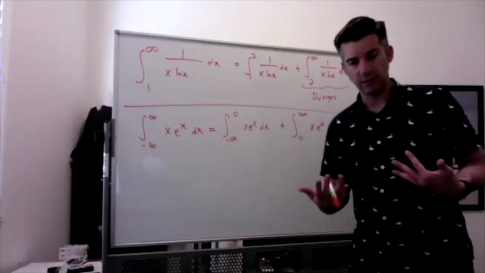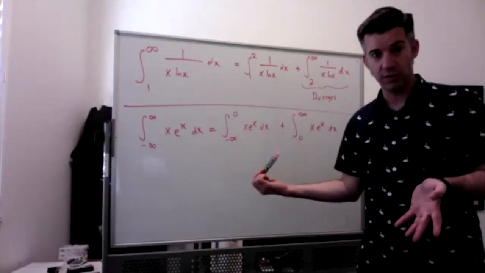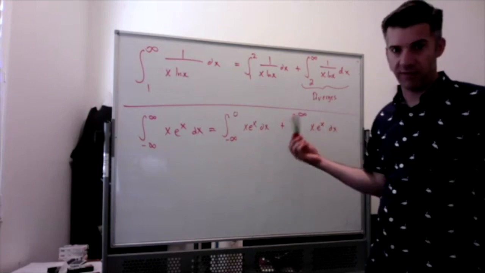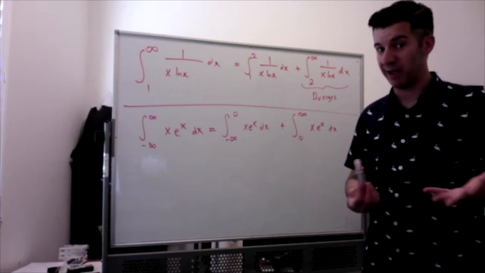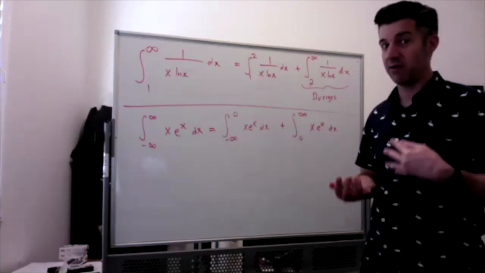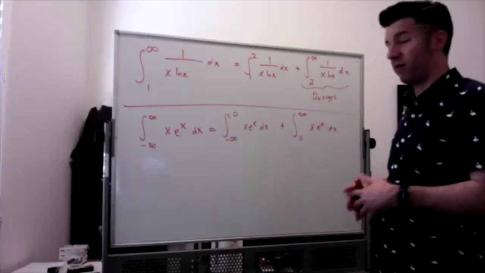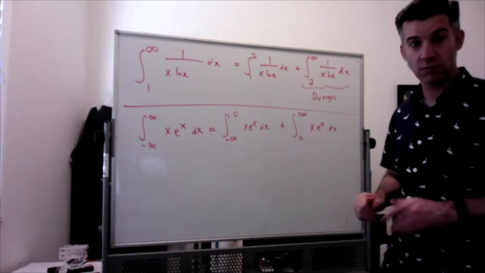And so here's the deal. If you have to break this up into multiple integrals, you're going to have to integrate to figure out what's going on. You always want to pick the one, if you can, that you think might diverge, because if it diverges, you are done. You get to stop. If one piece diverges, the whole thing diverges.